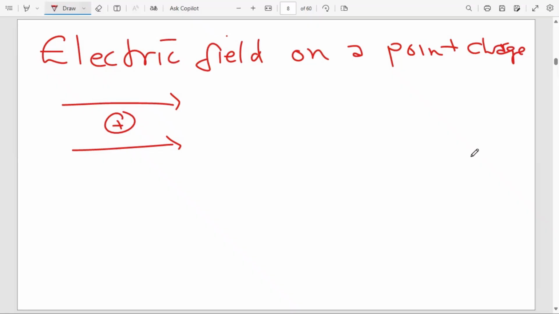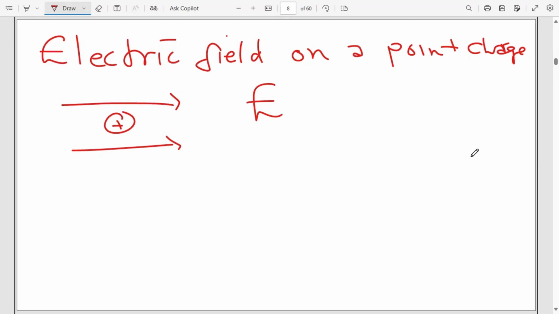From Coulomb's law, the field at distance r from the charge q is going to be equal to E, the electric field, equal to k, which is Coulomb's constant, times q, the actual charge you're dealing with, over r squared. The direction is always going to be away from the positive charge and towards the negative charge.